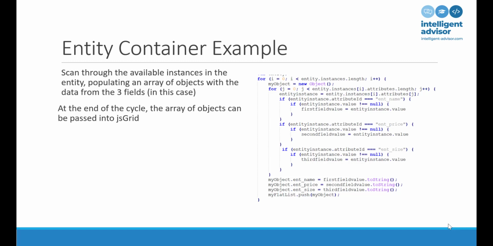This is a very common model because many of the external libraries like JS Grid and JQ Grid want an array of objects for the data for their display. So in this case, it's been hard-coded with 3 different attributes, one called the name, one called the price, and one called the size. And it simply iterates through those, adds them to an object, and then pushes the object into the array.